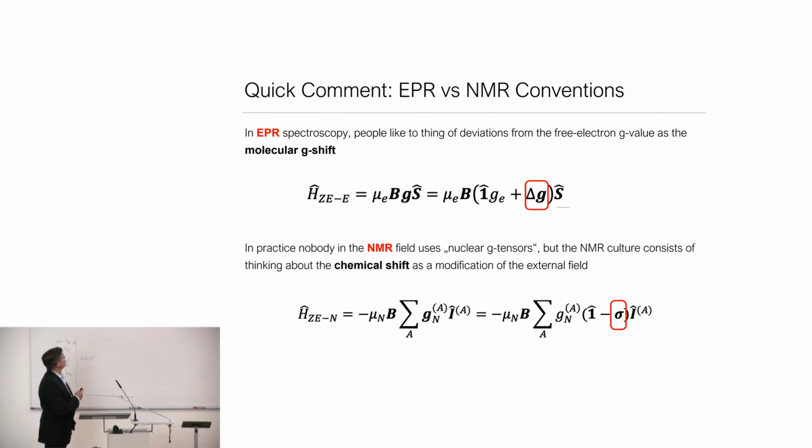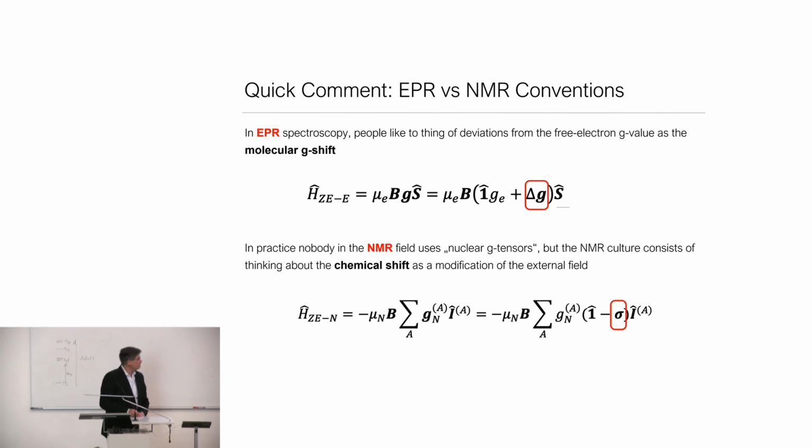So in EPR spectroscopy, we express the Zeeman effect, as I said, in terms of the g shift. Yeah? And the g shift is a tensor, and it's a deviation from the free electron g value. Yeah? And in NMR, we're doing something different, and there we're expressing the resonance, the Zeeman effect, in terms of the chemical shielding tensor sigma, and that 1 minus sigma is then taking the role of the g tensor here, and here you have basically the bare nuclear g value.